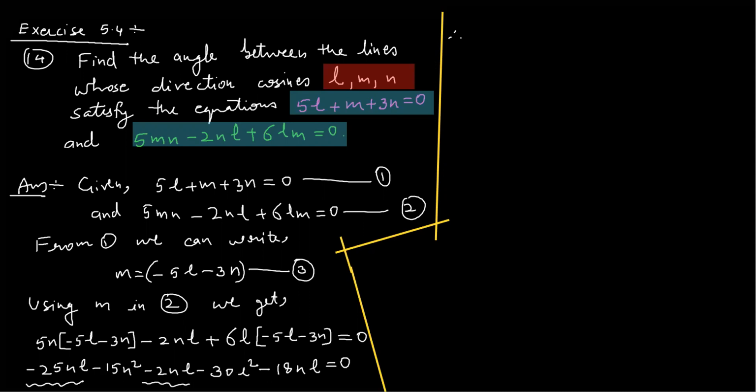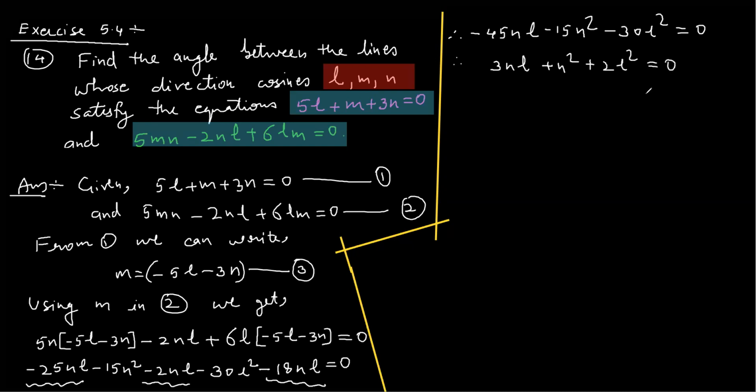And this is minus 18, minus 2 is minus 20, minus 45. So I get minus 45NL, okay, minus 15N square, minus 30L square is 0. I divide throughout by negative 15. So I get here 3NL plus N square plus 2L square equals 0. This is what I get.